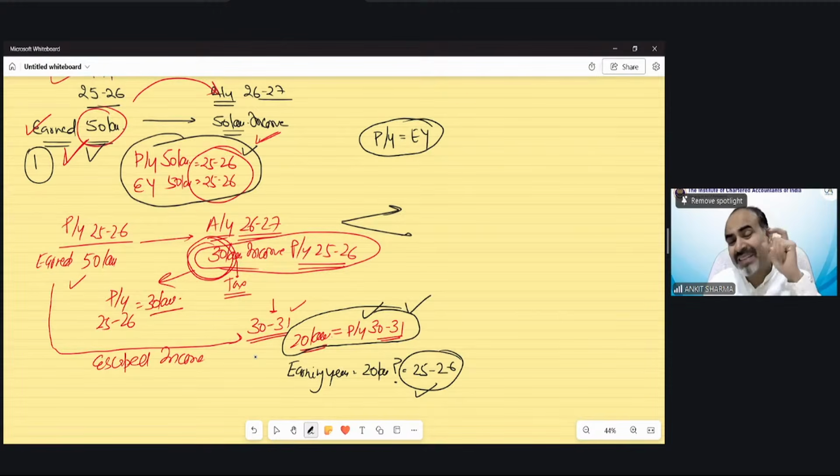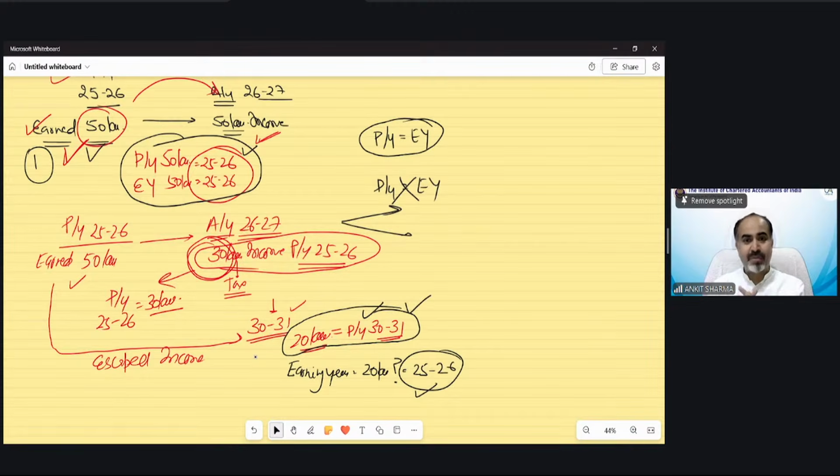But if you escaped any income, if you did not disclose any income, if you avoided any income being taxed, that we call black money. So in case of black money, the previous year and earning year will not be the same. In that case, the previous year would be the year in which the department comes to know about that income, but the earning year will remain the same, the year in which you earned that income.